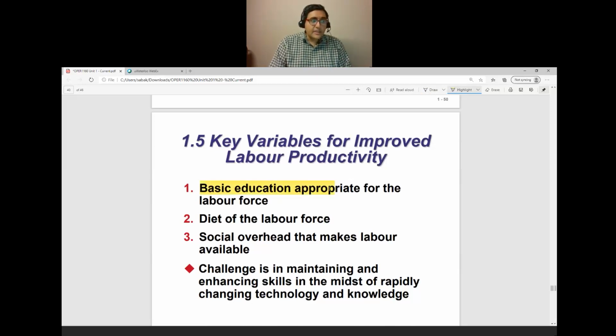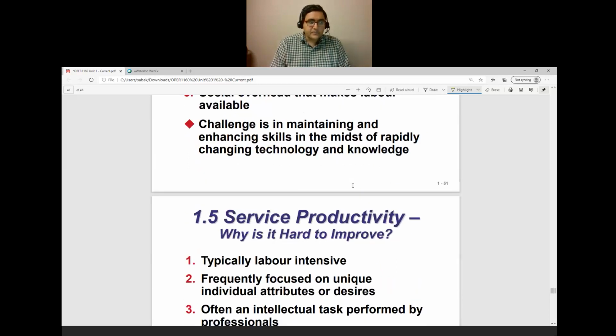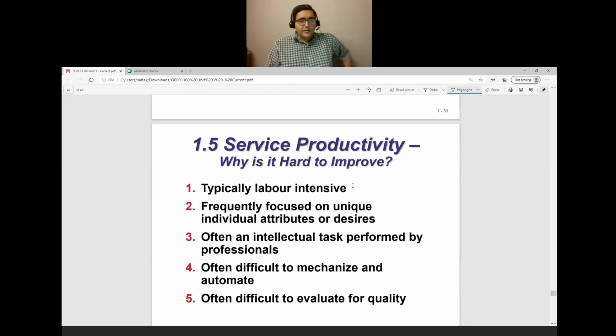Now the different factors we saw, like labor. In the Canadian economy, labor contributes about 10% of the annual increase in our GDP. Capital contributes around 38% and management contributes around 52% of it. Now for getting better labor productivity, we need to have skilled labor.